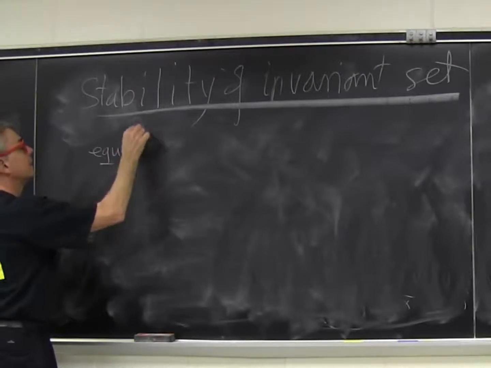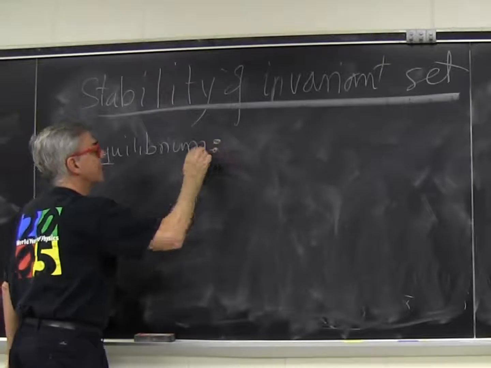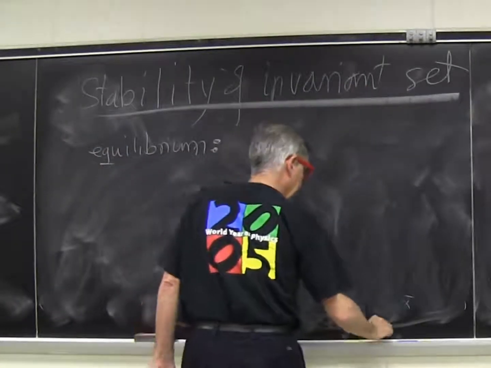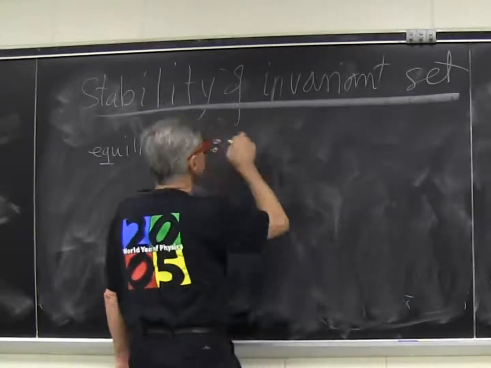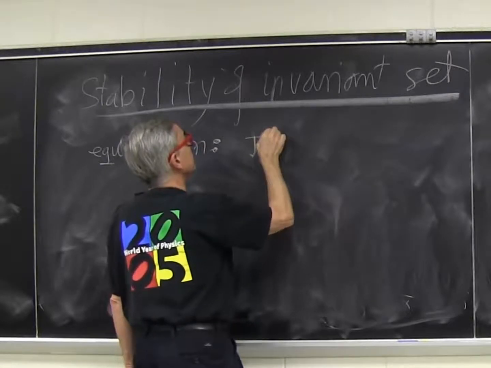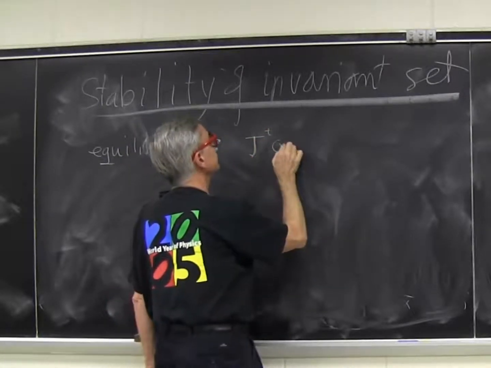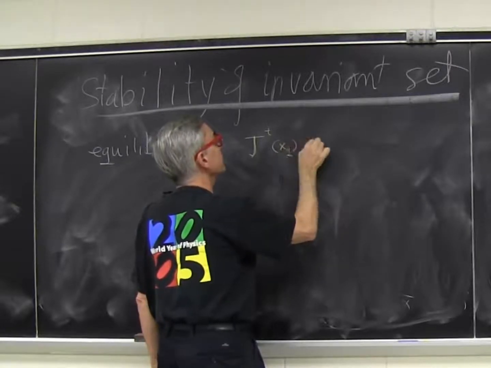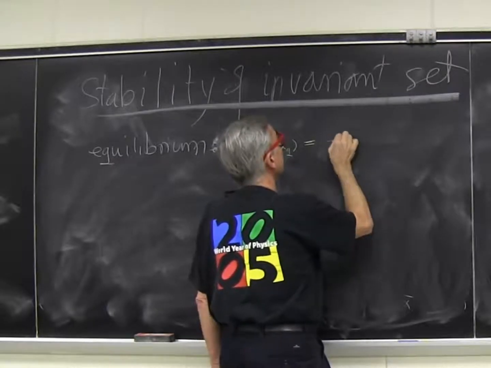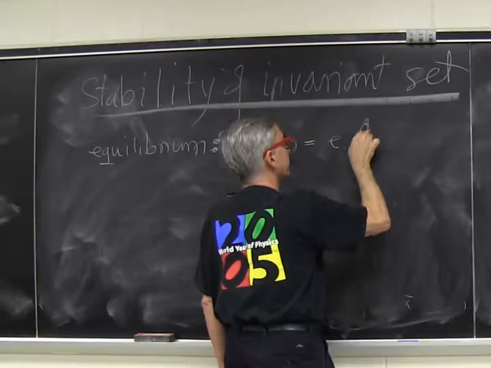For equilibrium, we could describe the behavior of a neighborhood by a very simple formula for the Jacobian in a neighborhood. So if you start at equilibrium point x_q, the distortion of the neighborhood is described by the stability matrix or matrix of velocity gradients.